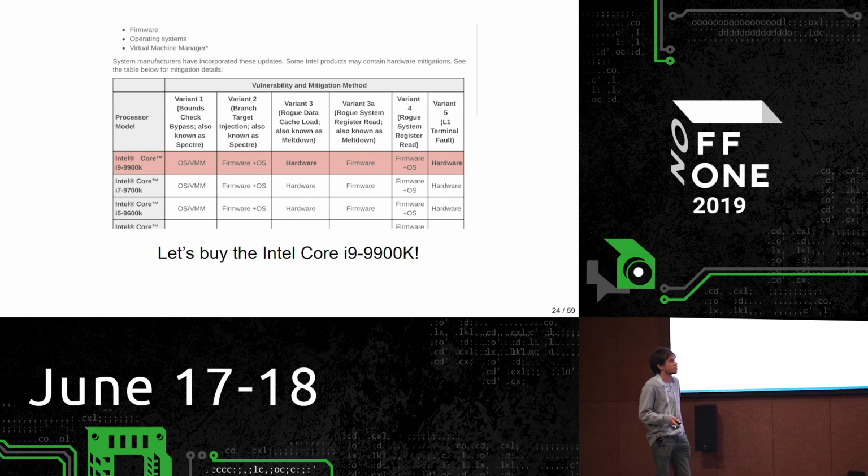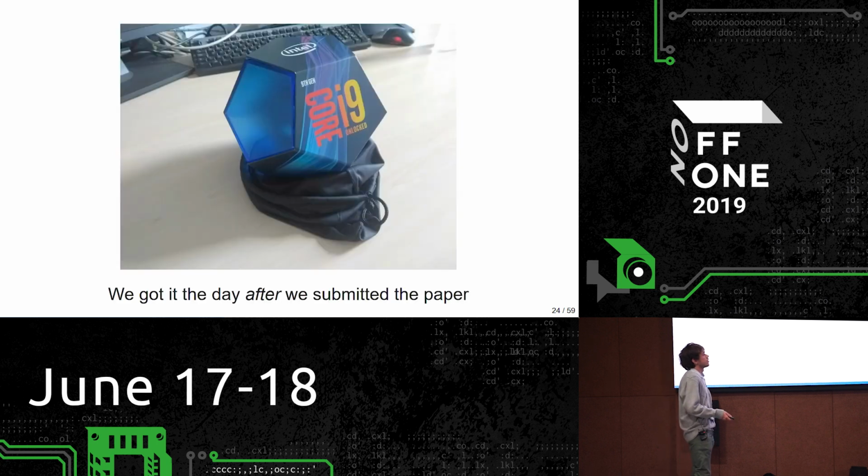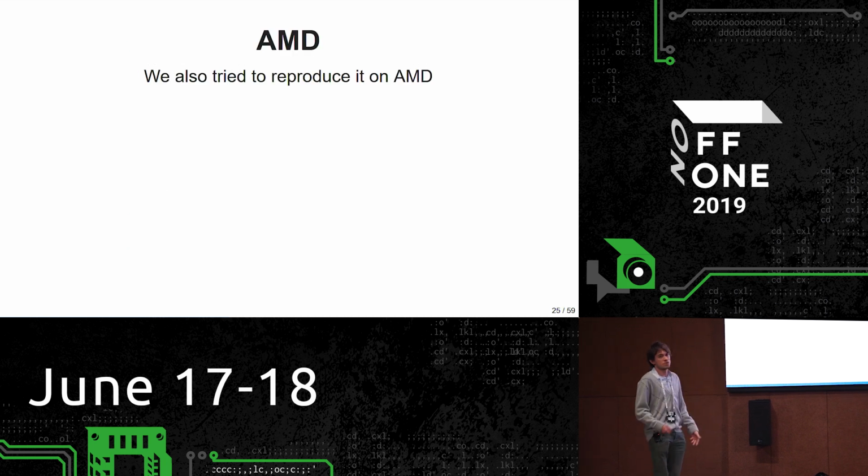So we decided to actually buy the CPU, and again sent the invoices to a professor because we're poor PhD students. And we got it the day after we submitted our paper to S&P Oakland, as we academics usually do. So we tested on these, and we found that it's also vulnerable on the 9900K, as you can see at the top. And then, of course, an important question is, okay, what about AMD?